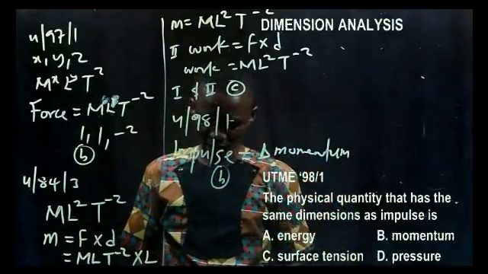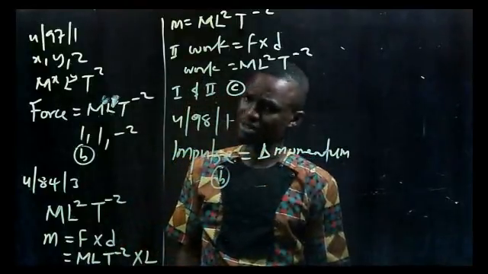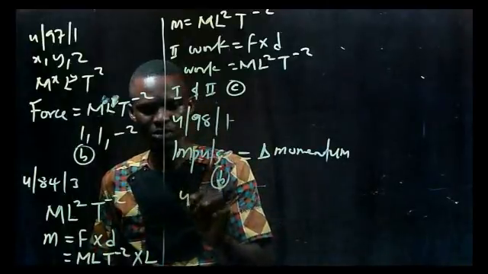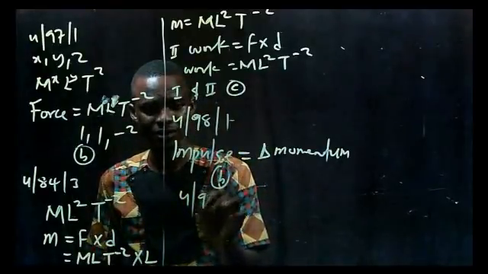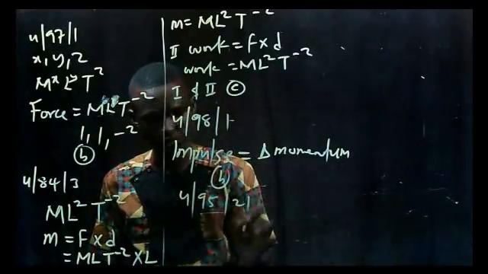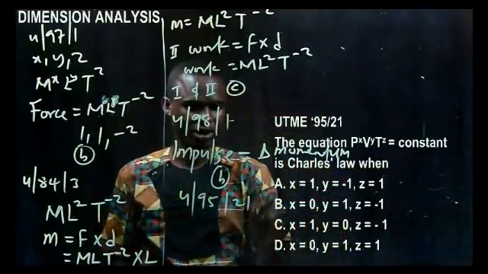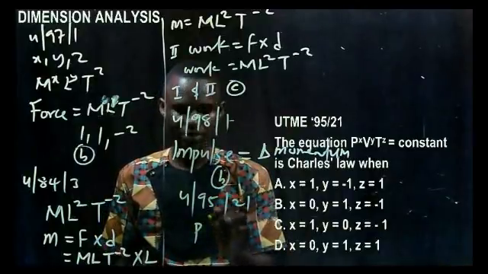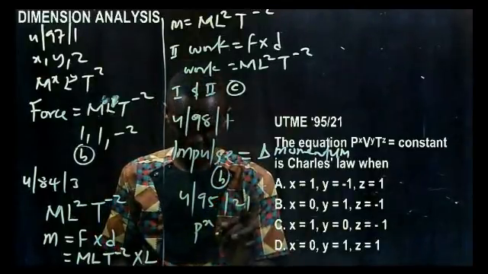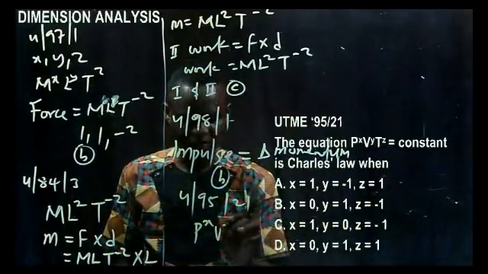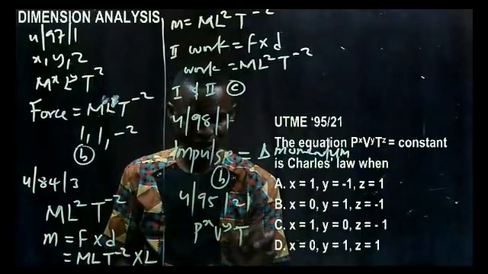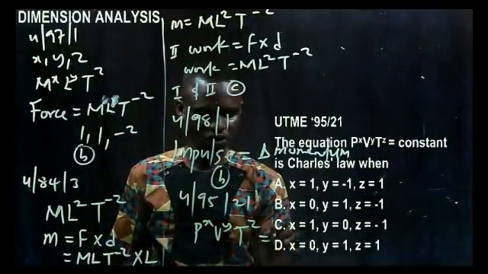So now let's consider, we are still on dimension anyway, UME 95, question 21. This is the equation, P raised to power x, V raised to power y, and T raised to power z equals constant.